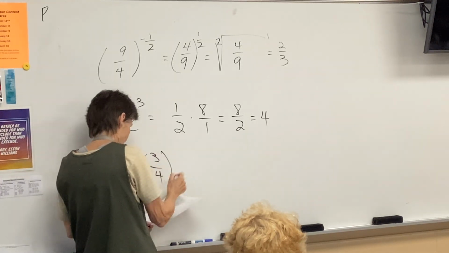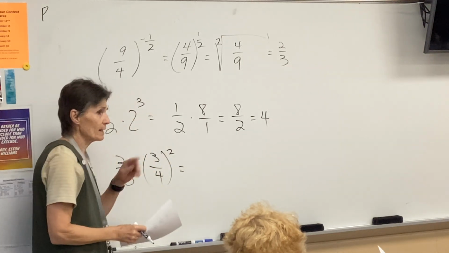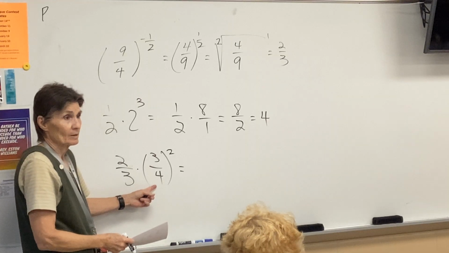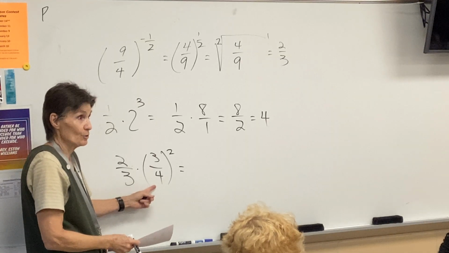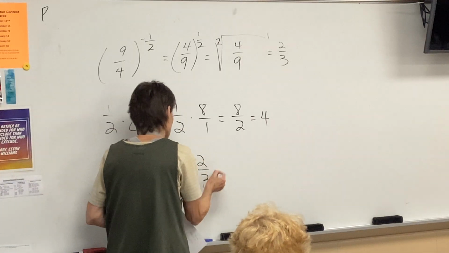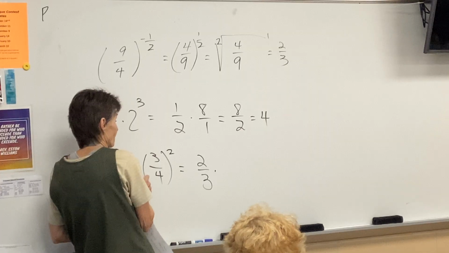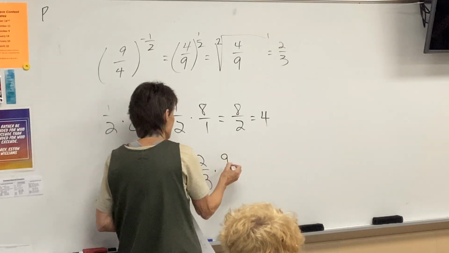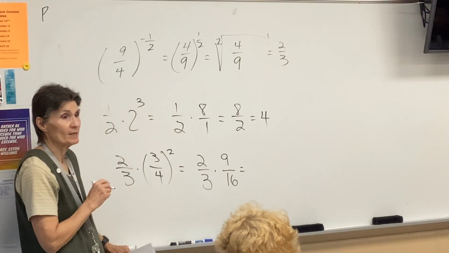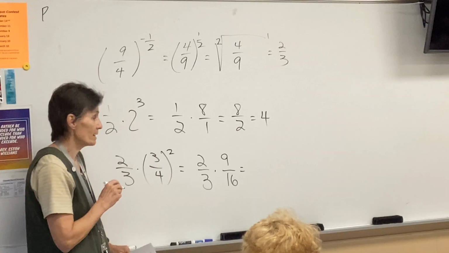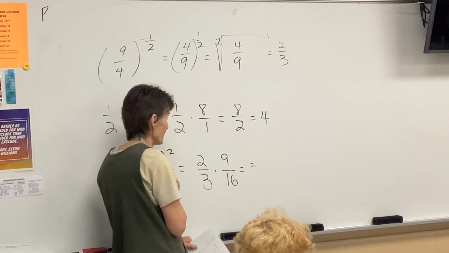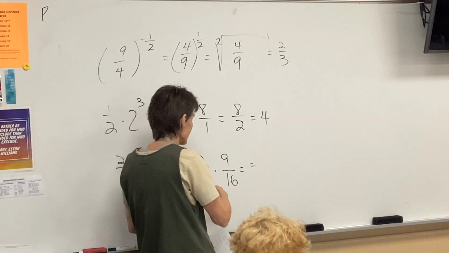Don't get all messed up here. There's no negative exponent, there's no fractional exponent, so we're just going to square that. Right? Remember PEMDAS, you do exponents first. So we're going to square that, so we have 2/3 times what? 9/16. Remember, when you square a fraction, you're squaring the top and the bottom, right? Now, you can either cross cancel if you're comfortable doing that, or you can multiply straight across.